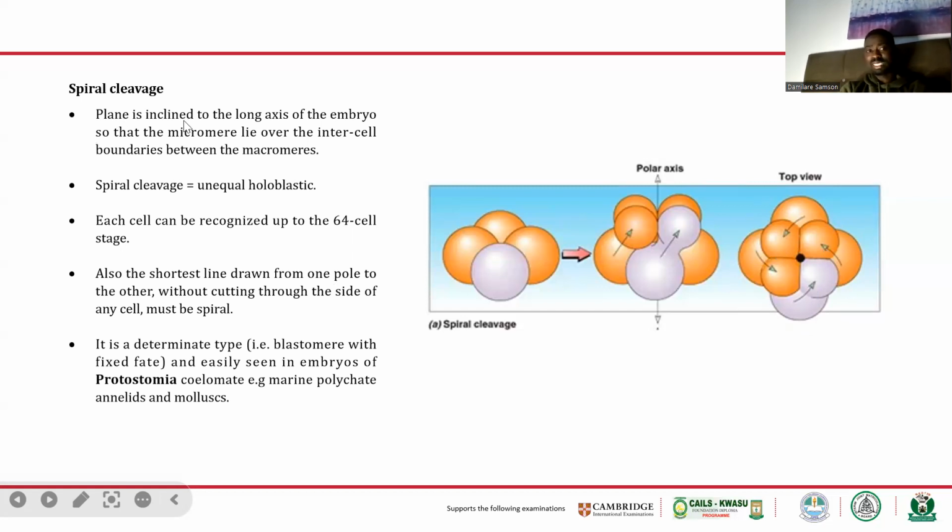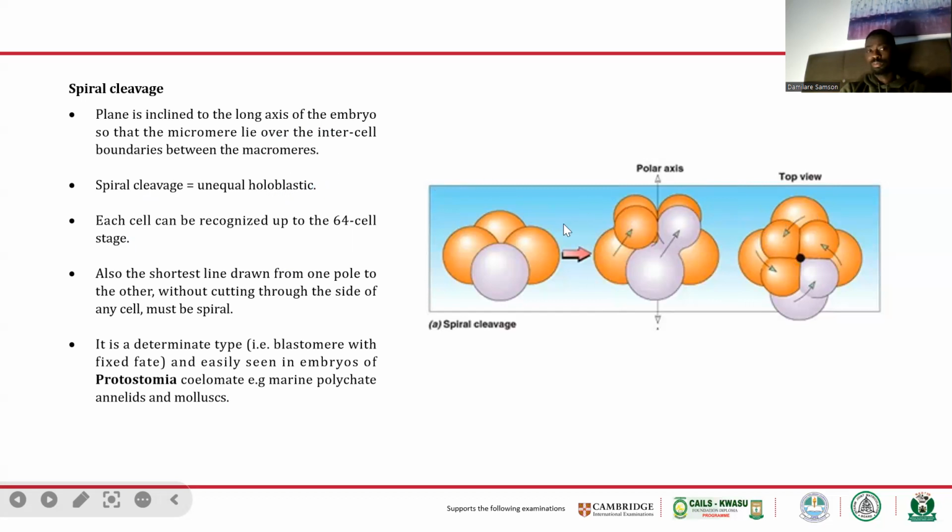So the plane is inclined to the long axis of the embryo so that the smaller one, the micromere, may lie over the intercell boundary between the macromeres, which is what I just finished explaining. So spiral cleavage equals unequal holoblastic.